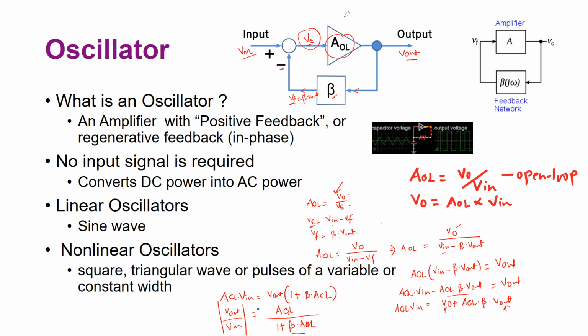But you don't want an amplifier to be used as an oscillator, rather you want to avoid it. When you purposefully design the oscillator, you actually have positive feedback, which is called regenerative feedback, which adds to the input signal, closing the loop. And we got the expression for the oscillator.